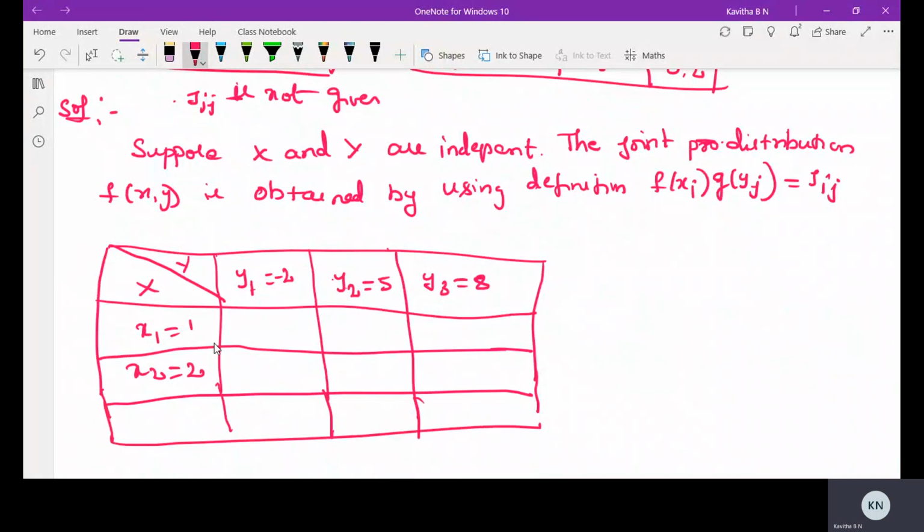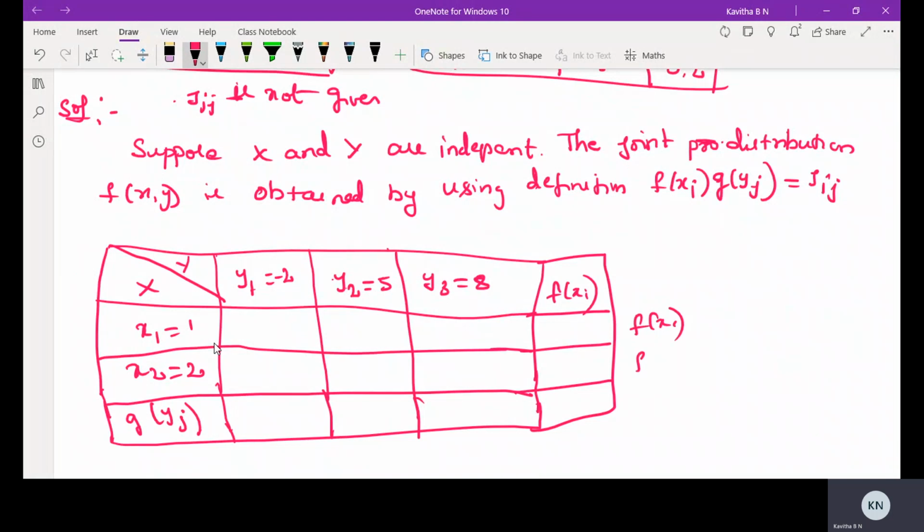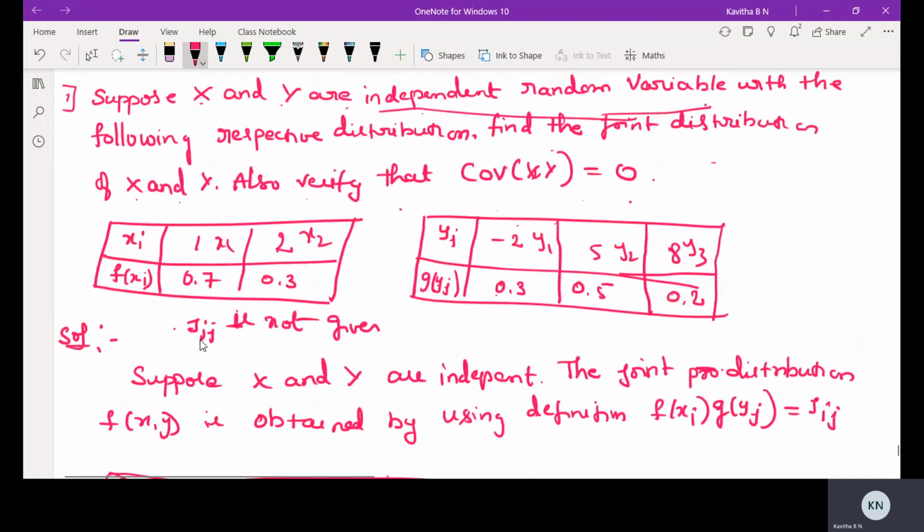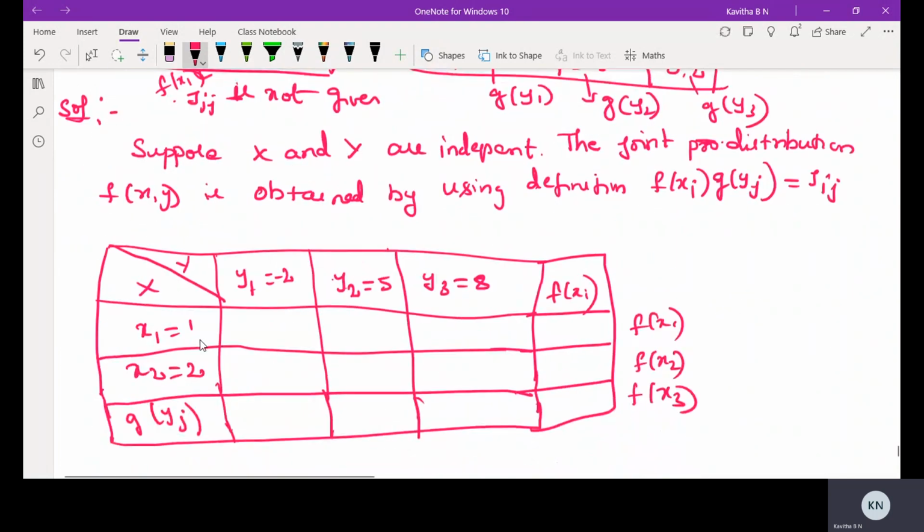Then g of y_j. Here f of x_i and g of y_j are given, which means f of x1 and f of x2 are given.